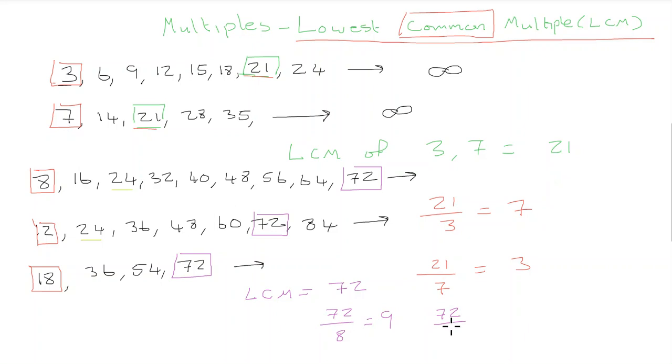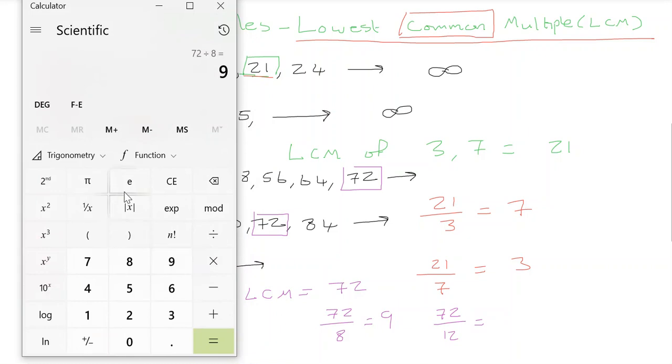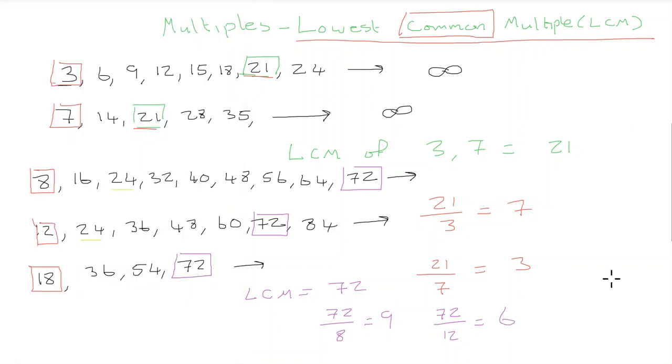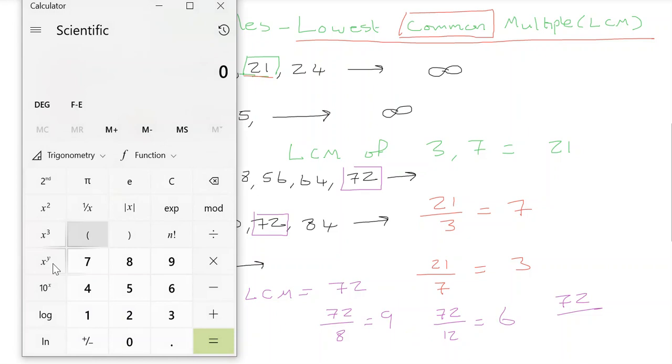72 divided by 12 is equal to what? 72 divided by 12 is equal to 6. And then 72 divided by 18 is equal to 4.